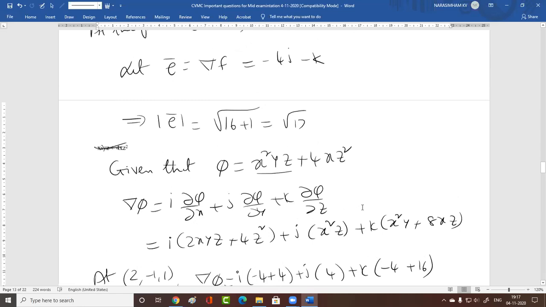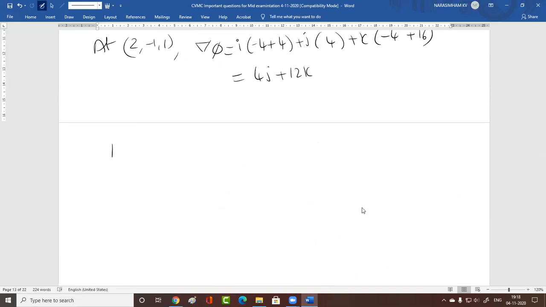Now the directional derivative is del phi dot E bar by mod E bar.